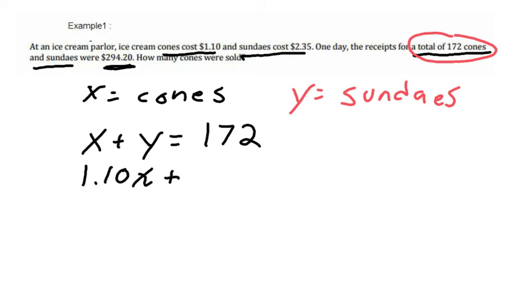And I also sold Y sundaes at $2.35. It's not a bad price for a sundae if you can get it. Just saying. So, $1.10 times X is my money from cones.